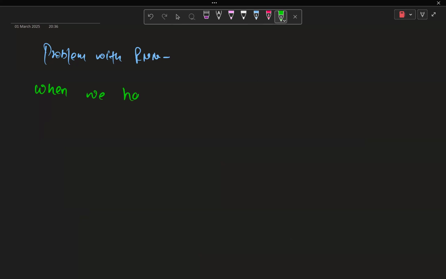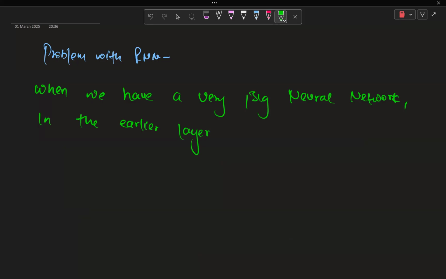So when we have a very big neural network, what happens in the earlier layers? In the earlier layers, the gradient effect will be very small.